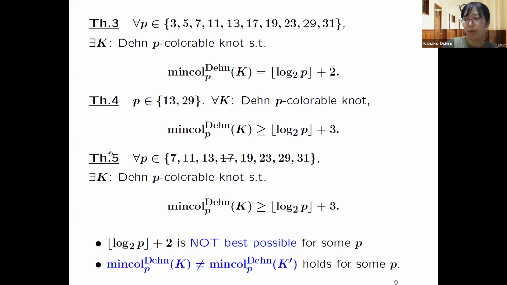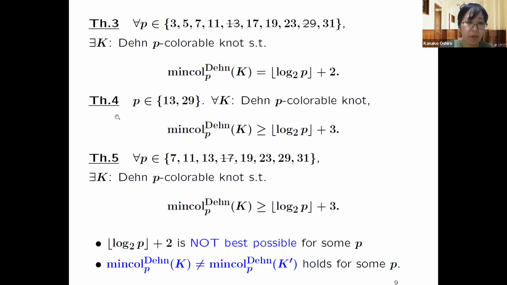And Theorem 5: for any prime number p greater than 5 and less than 2 to the 5th power, except for 17, there exists a Dehn p-colorable node K satisfying this condition: the minimum number of Dehn p-colors of K is greater than or equal to the floor function of log 2 p plus 3.